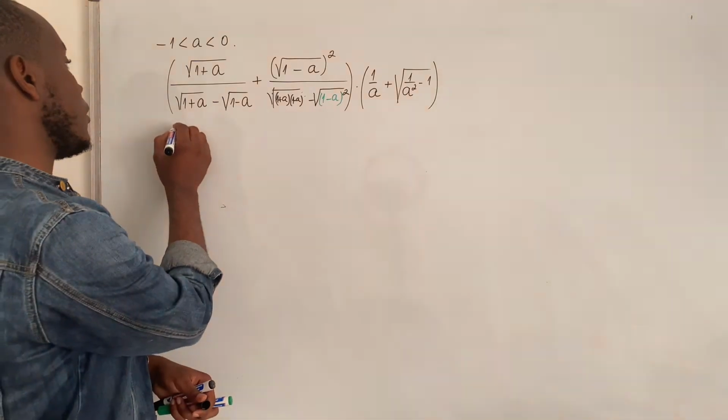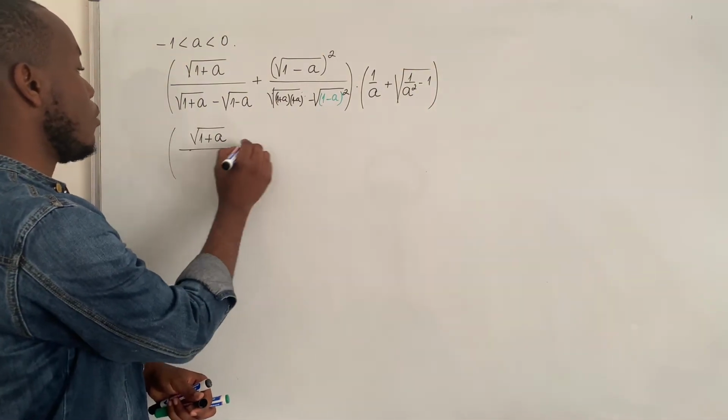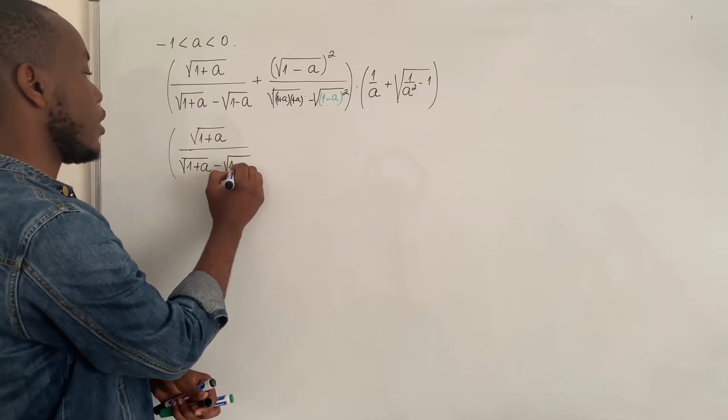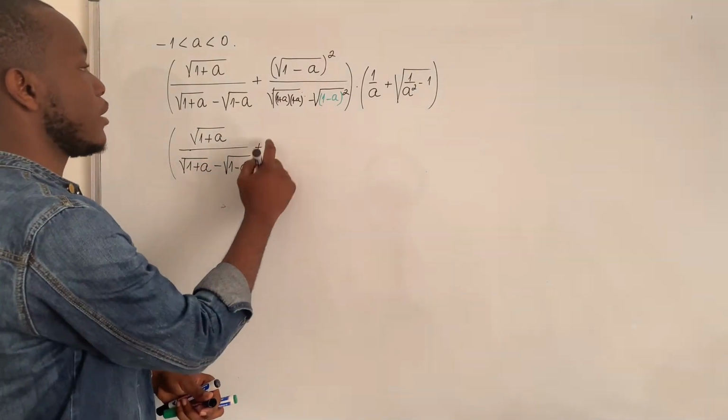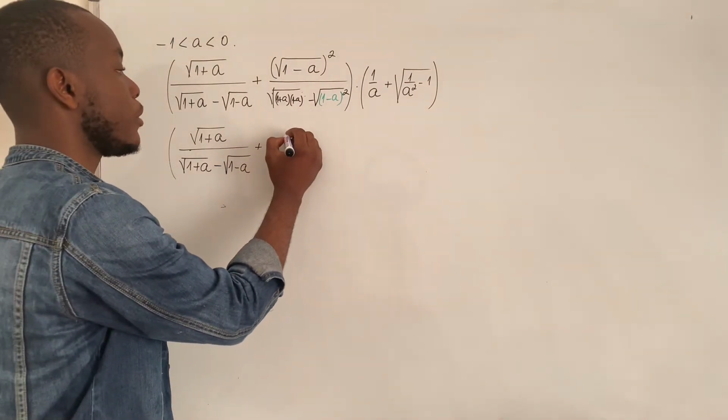Okay, now so we're going to have square root of 1 plus a over square root of 1 plus a minus square root of 1 minus a plus. We have square root of 1 minus a, square root of 1 minus a, we can factorize.